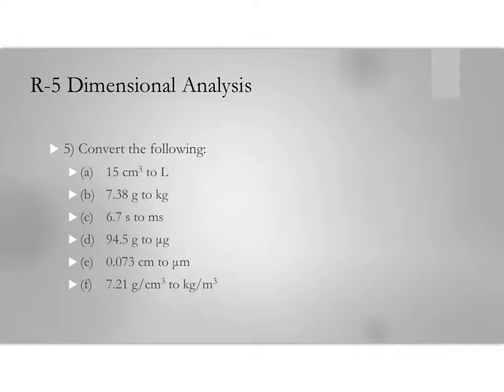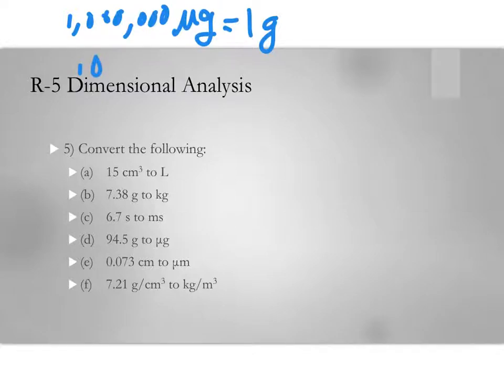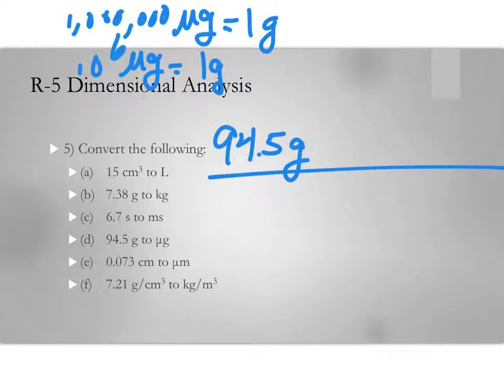Next one there is 94.5 grams to micrograms. So what you do is you need to know that there are 1,000,000 micrograms in 1 gram, or you could say 10 to the 6th micrograms is equal to 1 gram. And then you would take 94.5 grams, and you're going to use these conversion factors.